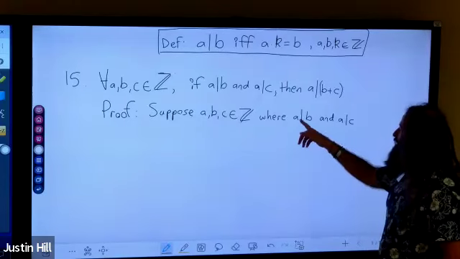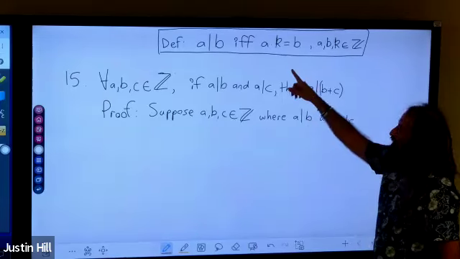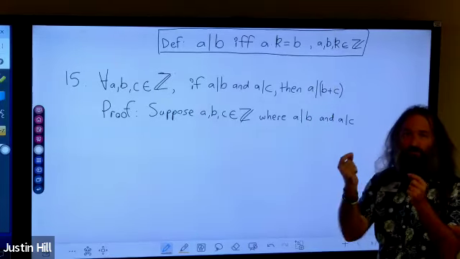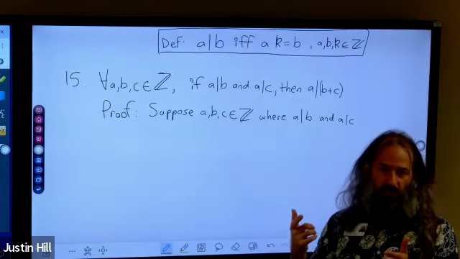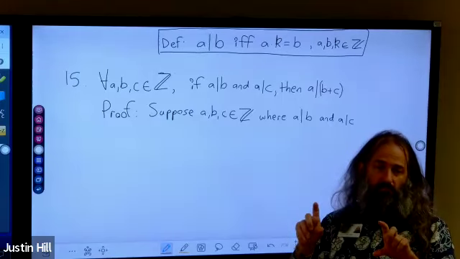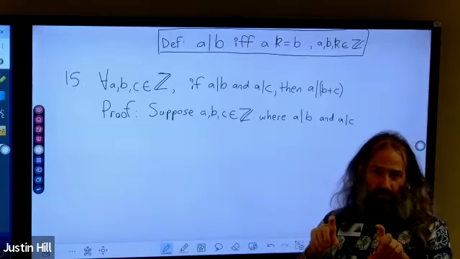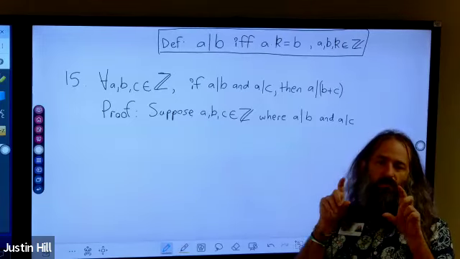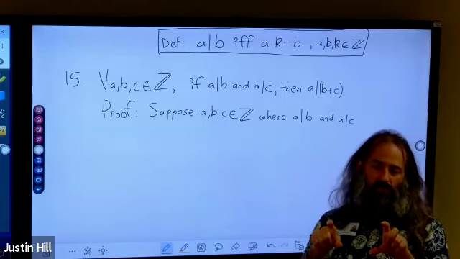So I'm not saying that A times K equals B and A times K equals C. I'm not saying it's the same integer. One of the common mistakes in a proof is using the same variable to mean two different possible numbers. Unfortunately, if you use the same variable, then once you start doing the algebra, that variable means the same number each time.